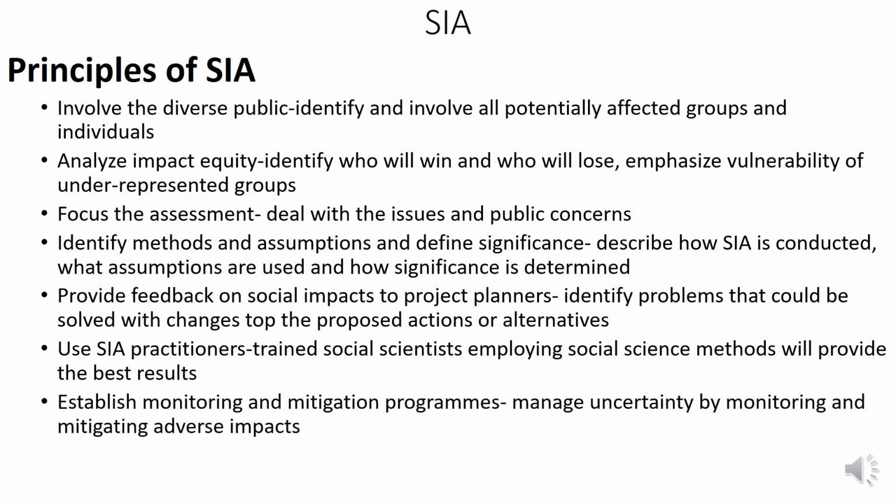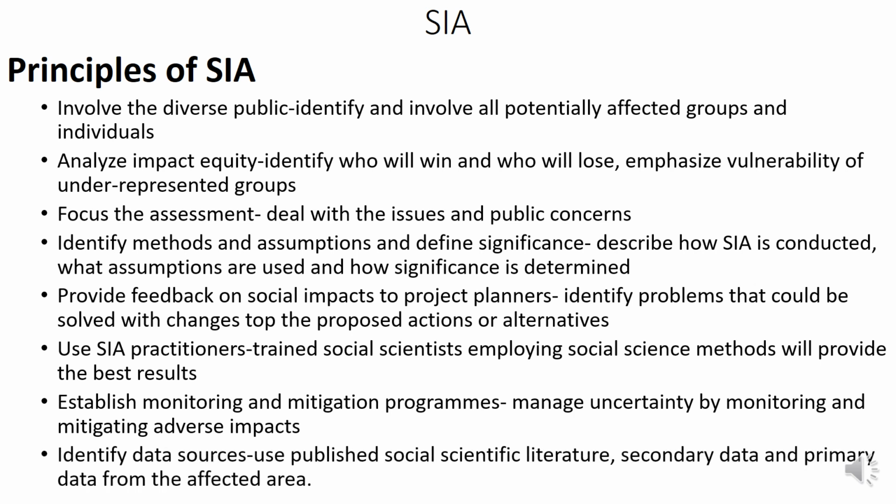Then you also need to establish monitoring and mitigation programs that manage the project as it should. Also rely more on data sources. Look at both primary, secondary, and also the scientific literature about the project and how it might affect the community in all.